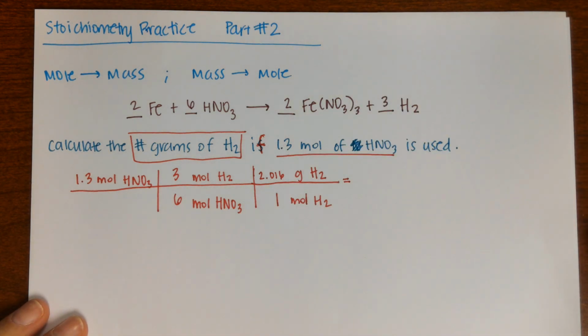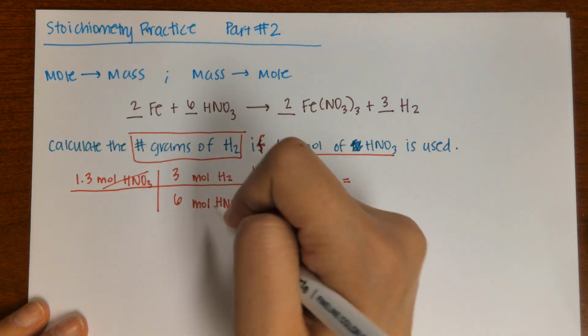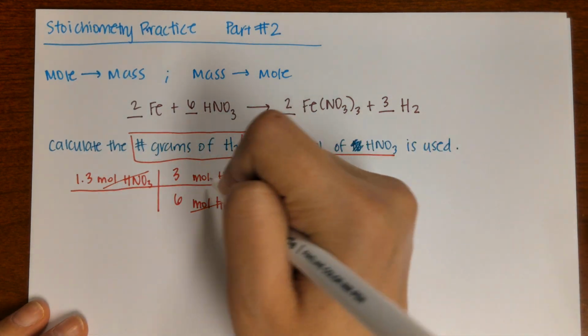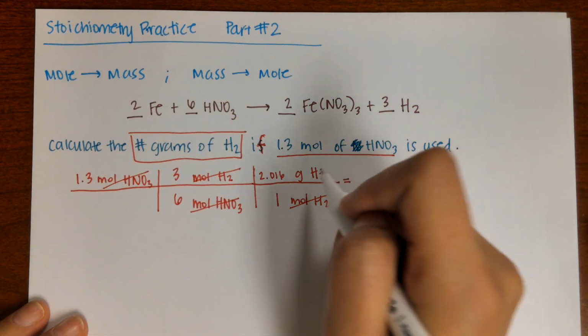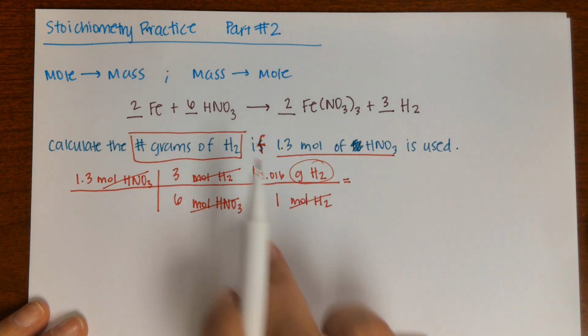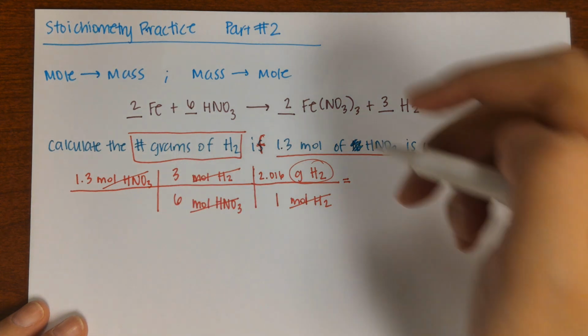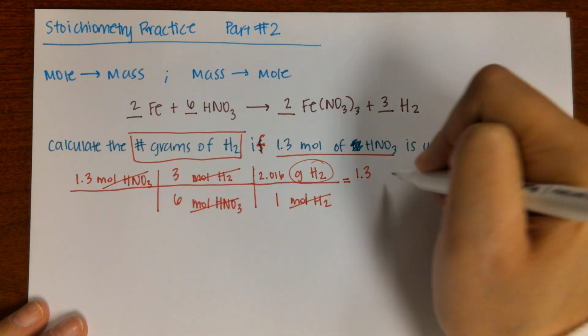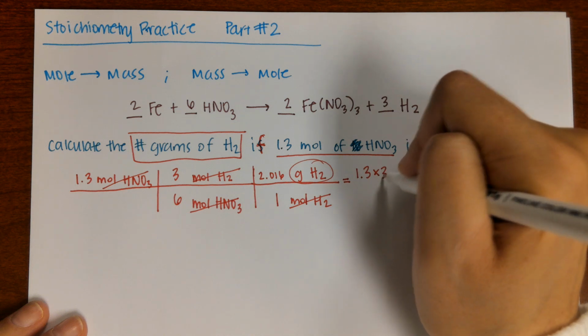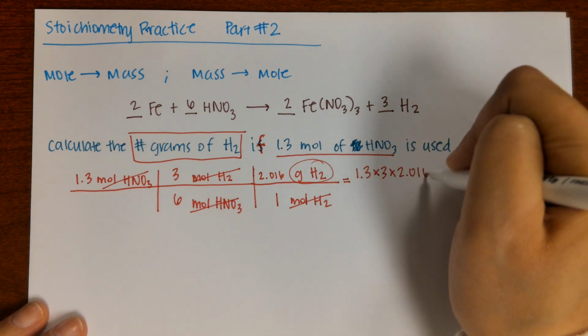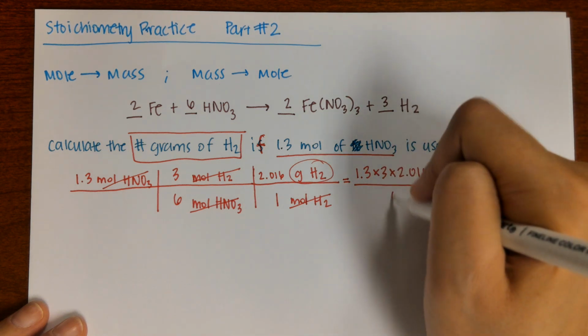The setup is done now, because when you cancel out the units, mole HNO3 cancels out, mole H2 cancels out, and I end up with grams H2, which is exactly what it's asking for. And then you calculate, so 1.3 times 3 times 2.016, all divided by 6.